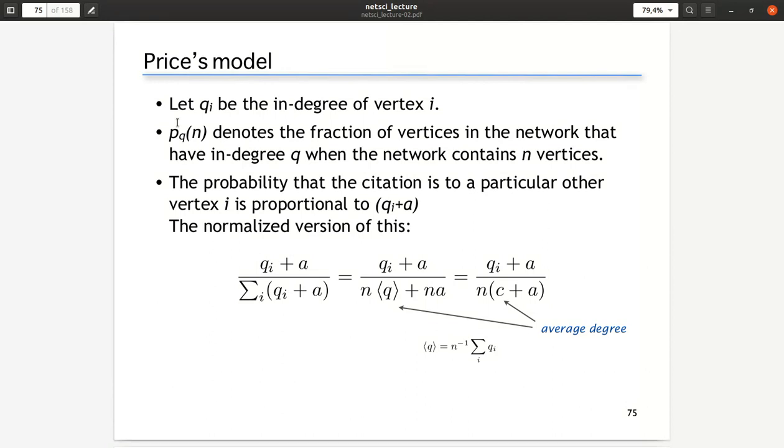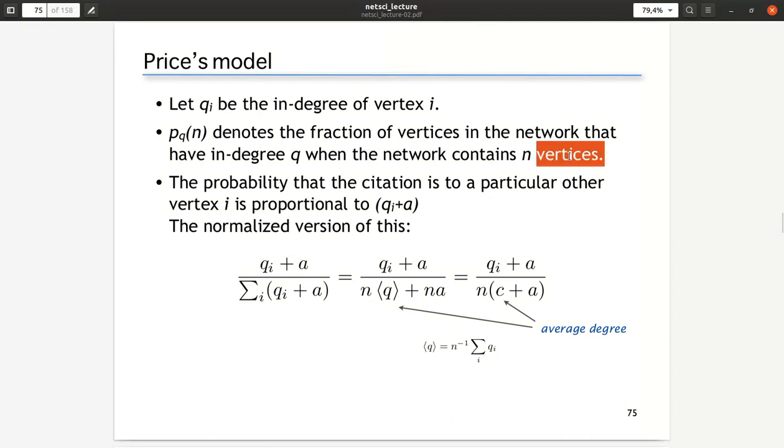Okay, in order to see this kind of mathematical description and derivation, let's consider the following. With q_i, or q sub i, we are going to denote the in-degree of vertex i. And with p_q(n), we are going to denote the fraction of vertices in the network which have in-degree equal to q, where the network contains n vertices.